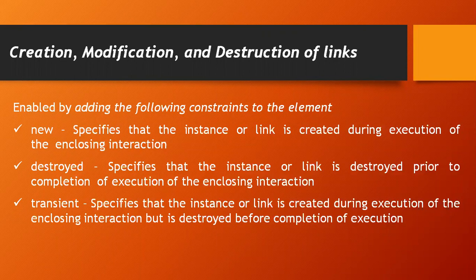Destroyed specifies that the instance or the link is destroyed prior to completion of execution of the enclosing interaction. Transient specifies that the instance or the link is created during the execution of the enclosing interaction but is destroyed before completion of the execution.